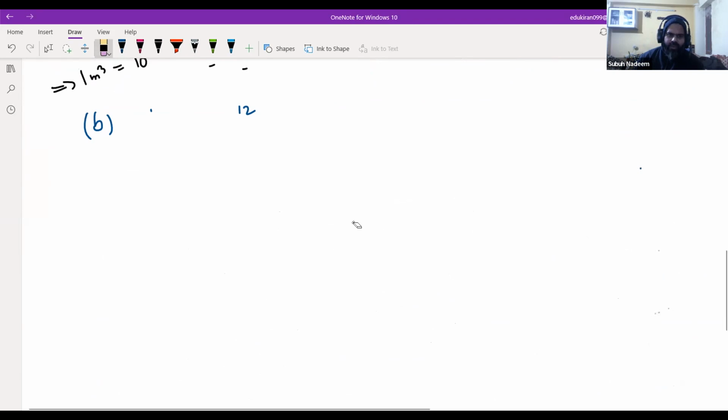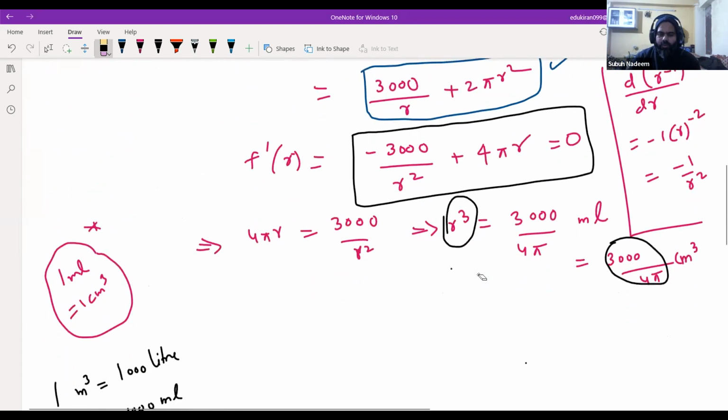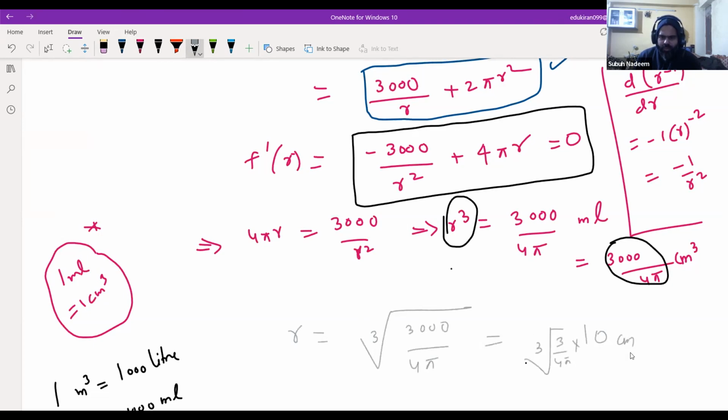Sorry, that was my error. So when you take r cube, then it will be cube root. So r will be equal to cube root of 3000 by 4 pi. So 10 will come outside, that is fine. There are three zeros. And this will be cube root of 3 by 4 pi into 10 centimeter.